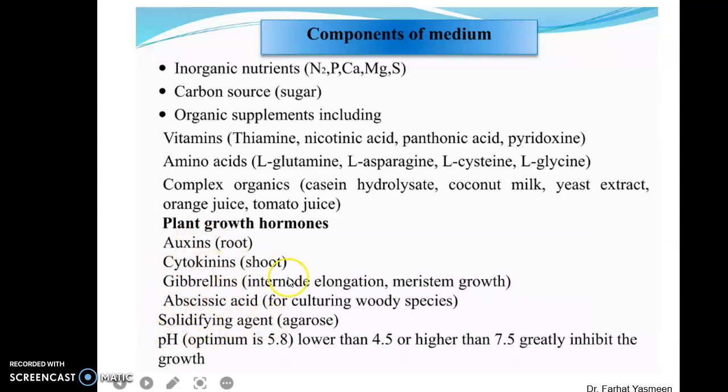Then there is also a solidifying agent, which in most cases is agar. pH is a very mandatory component of the medium and should be around 5.8. Lower than 4.5 or higher than 7.5 greatly inhibits growth. So the ideal pH considered good for tissue culturing is 5.8.